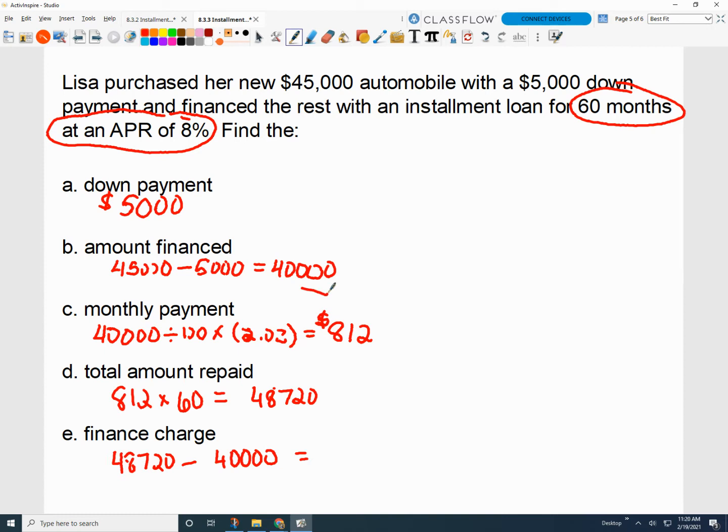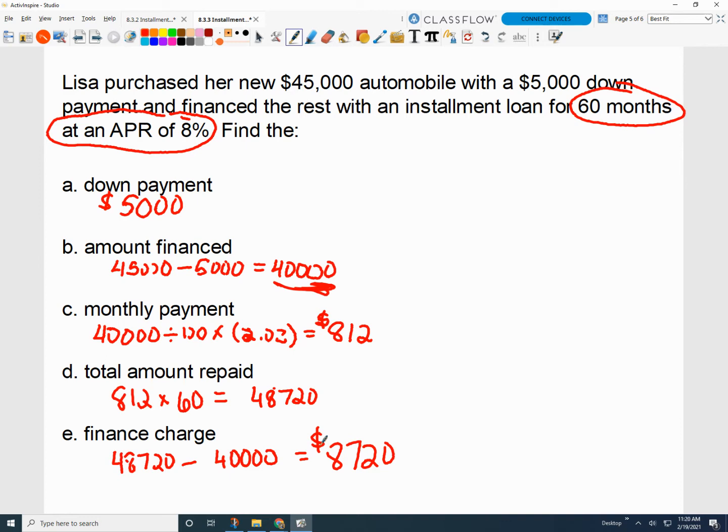She only had to borrow the $40,000 that we calculated here. So her finance charge for this car was $8,720. So over the course of this loan, over the 5 years that she had this loan, she paid almost 25% more for this car. $8,720 on top of the $40,000 that she borrowed.